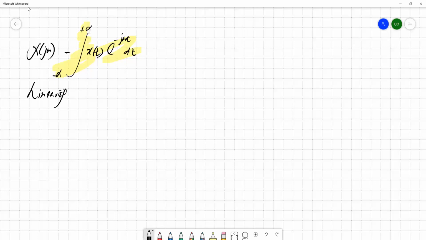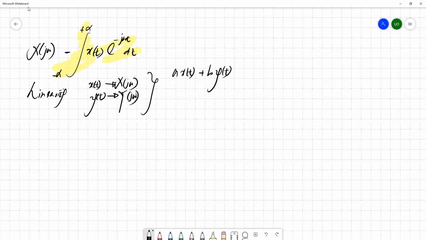So the linearity property means, if you have x(t) and its Fourier transform is X(jω), and if you have y(t) and its Fourier transform is Y(jω), and you have a function like a x(t) + b y(t), and you are asked to evaluate the Fourier transform, you can treat it like two functions and apply the Fourier transform separately.